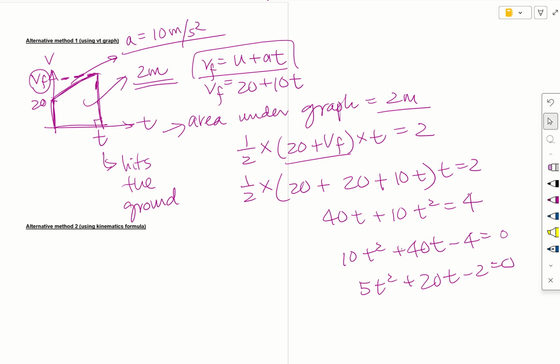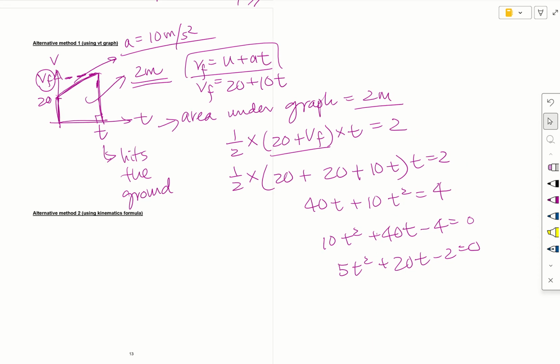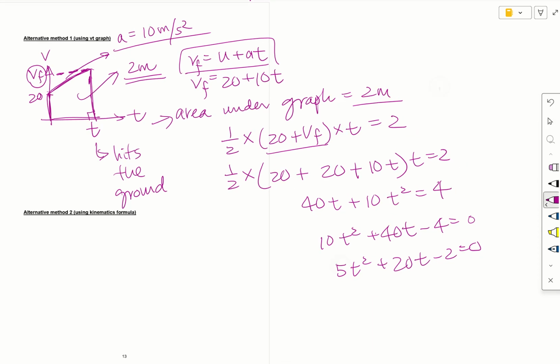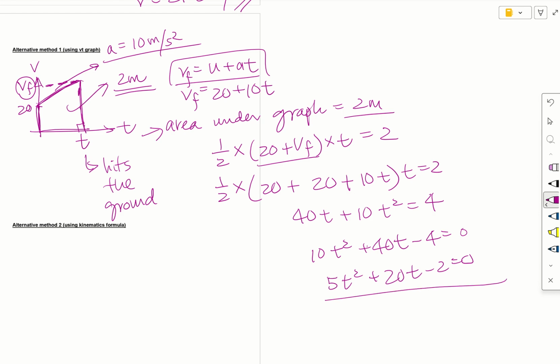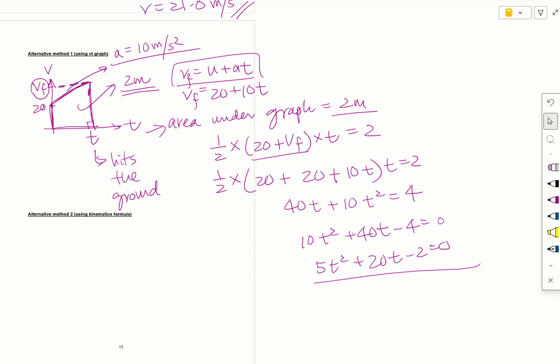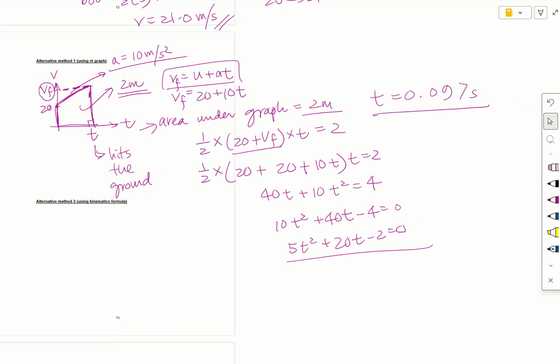If we simplify this, or in fact make it even more complicated, we'll get this quadratic equation, 5t squared plus 20t minus 2 equals 0, and solving we'll get t to be 0.097 seconds. So actually it took about 0.097 seconds for this block to fall 2 meters.